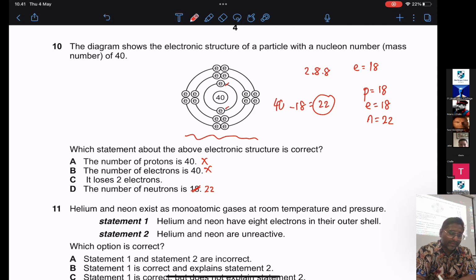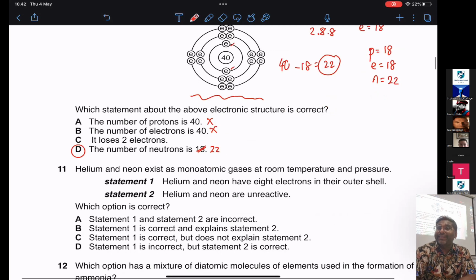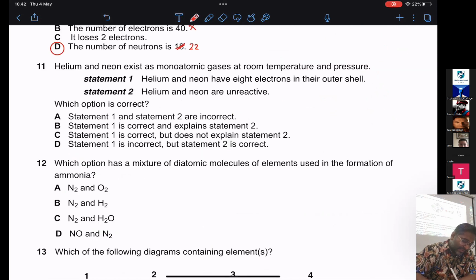Okay, if you take it as a particle, the number of neutron is 18, 40, and then electron is 18, supposed to be 22. I think something is wrong with the question over here, yeah? So I will take it as, please change this into 22, yeah?